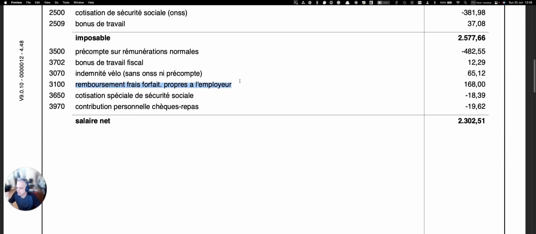So this is the employer covering costs that you had to incur because you were working from home, for example. You have to be careful with this because the amount needs to be quite, you have to be able to prove that this is more or less the amount of money you're spending.